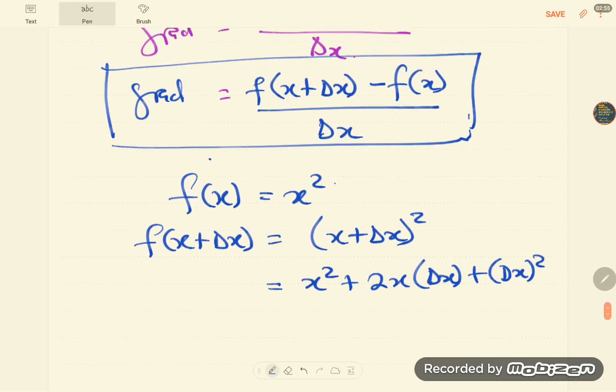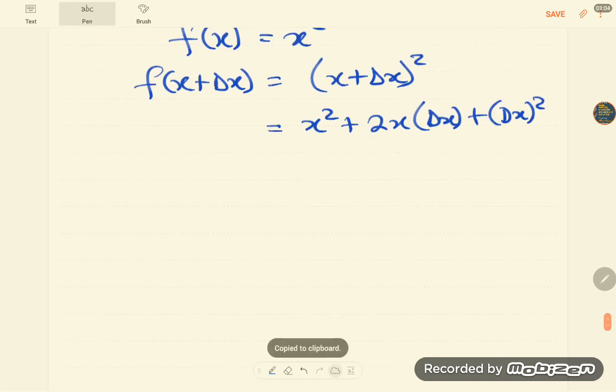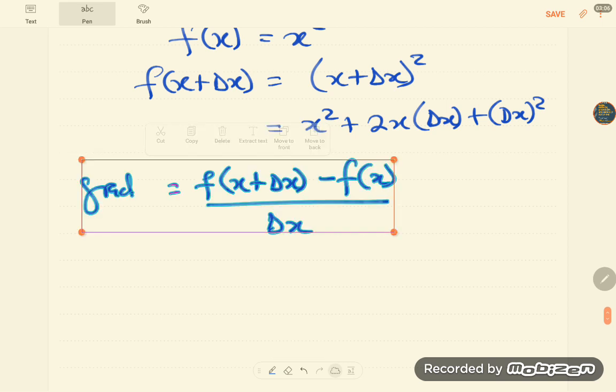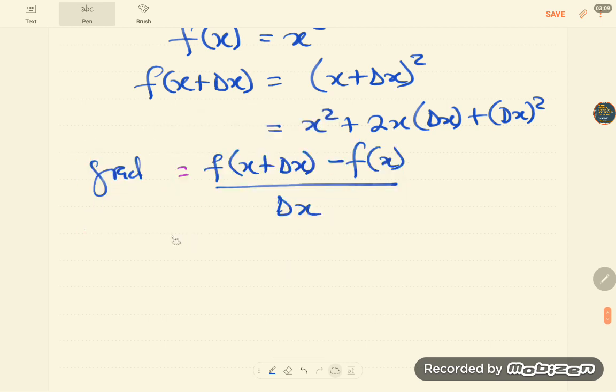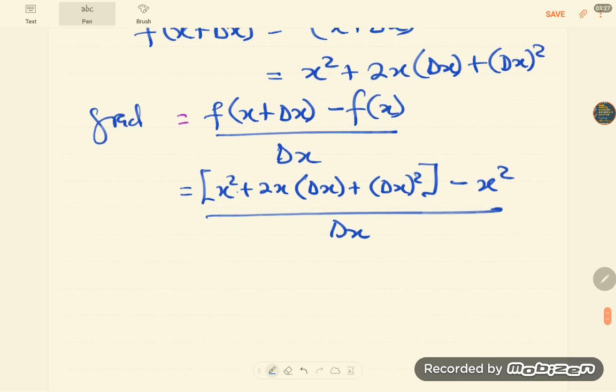So substituting it into this formula, that will give us x squared plus 2x delta x plus delta x squared minus x squared all over delta x.